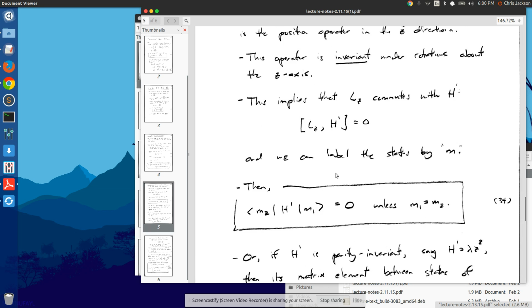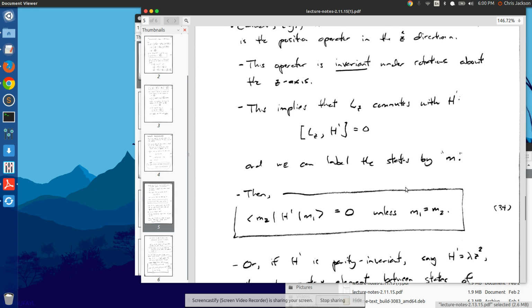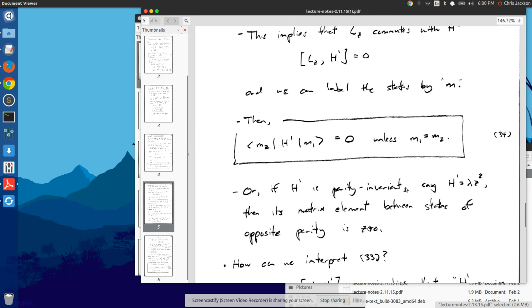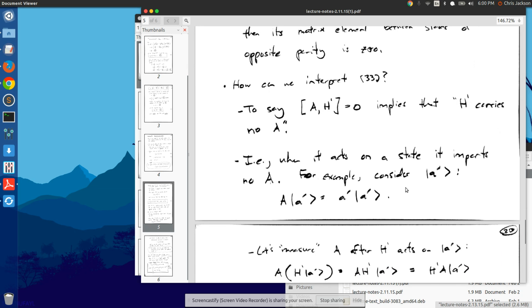So how do we interpret equation 33, this statement about the matrix elements? I was trying to give you the idea that saying these operators commute tells you that H1 doesn't carry any A, and I'm putting this in quotation marks. In other words, the Hamiltonian doesn't impart any A, whatever A is.